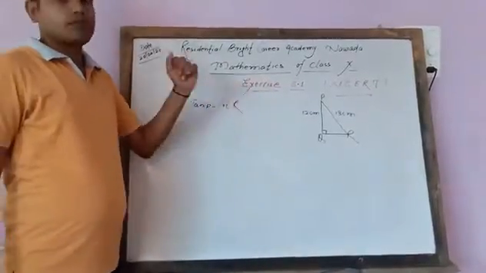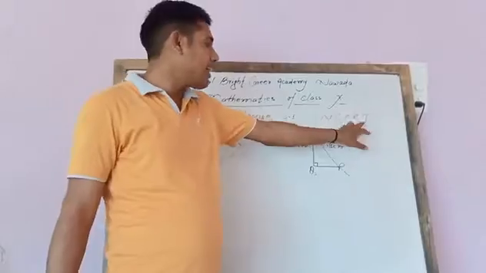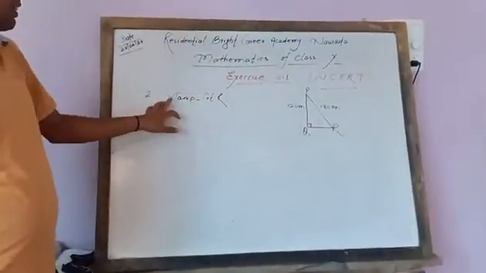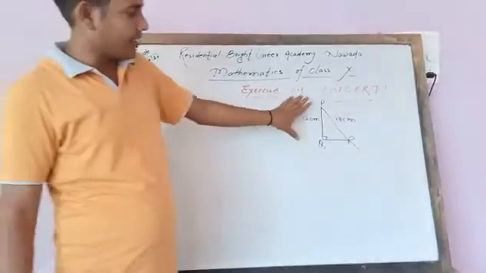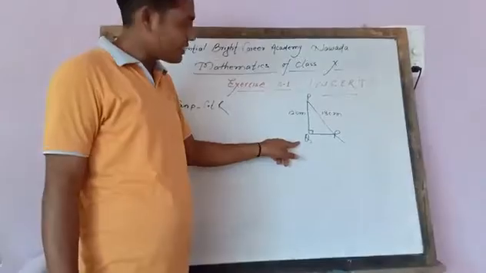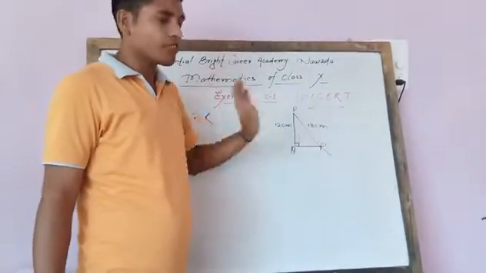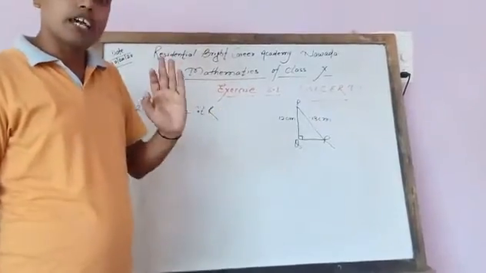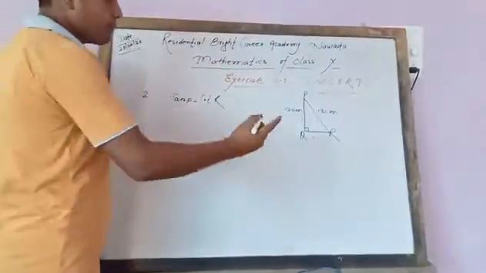Okay. From exercise 8.1 of NCERT, question number 2, find the value of tan P minus cot R. Here is a given figure in which angle Q is equal to 90 degrees, PQ is equal to 12 centimeter and PR is equal to 13 centimeter. At first we have to find out the length of QR. What will be the length of QR?